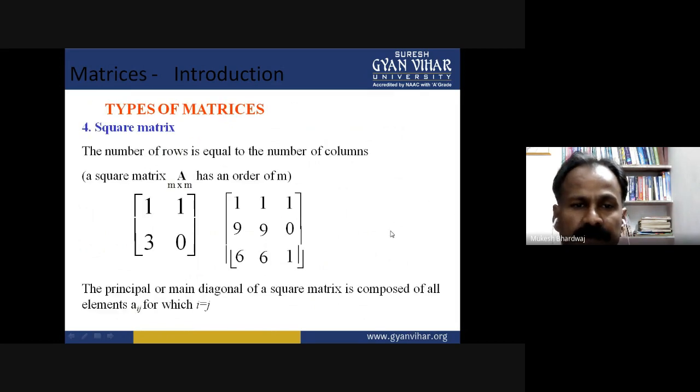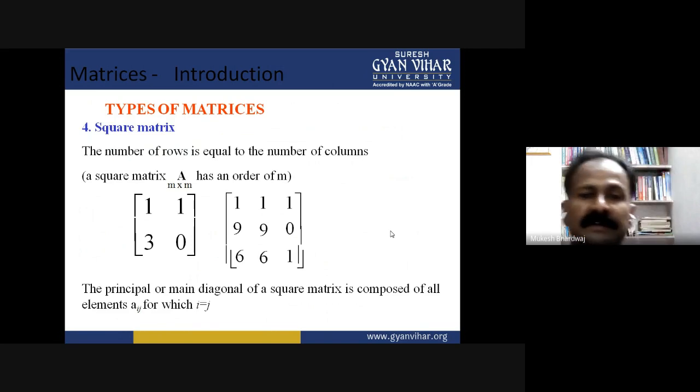Next, the square matrix. As the name suggests, a square has all sides equal. Similarly, a square matrix is a matrix having an equal number of rows and columns. When rows and columns are equal in number, the matrix is known as a square matrix.